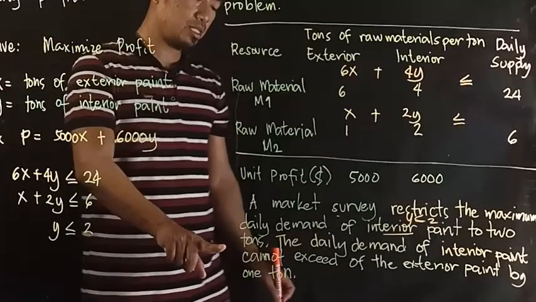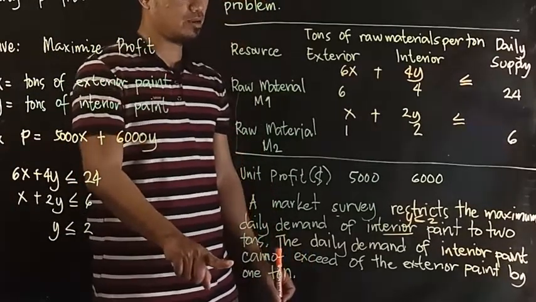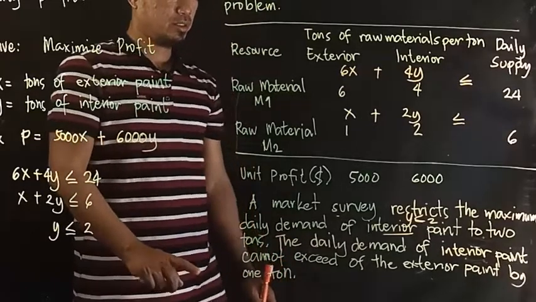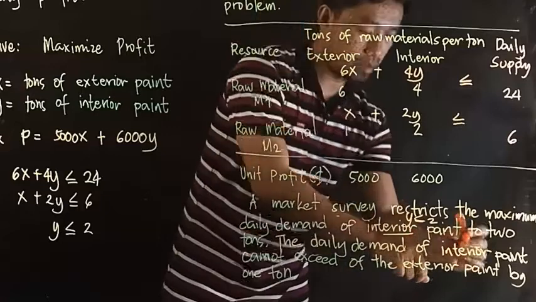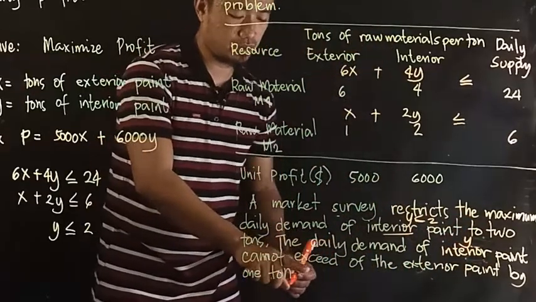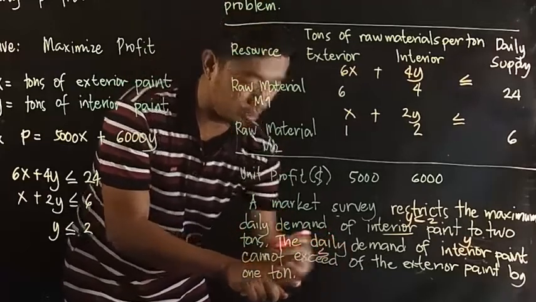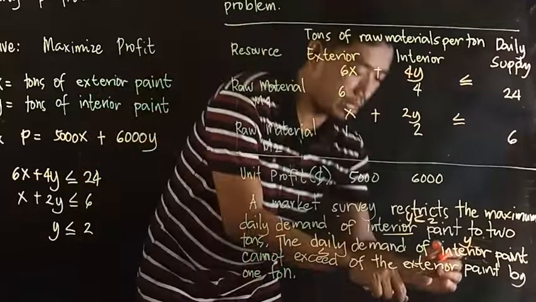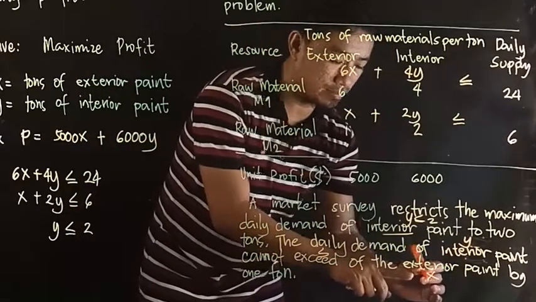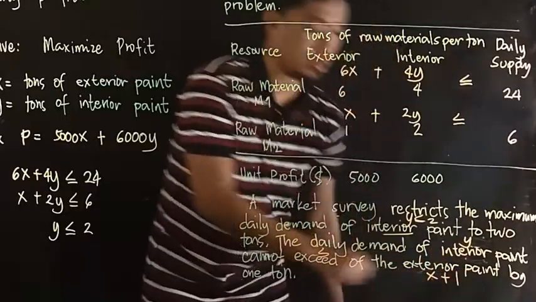And the last constraint is the daily demand of the interior paint cannot exceed that of the exterior paint by 1 ton. So again, interior paint is Y, cannot exceed, so a maximum value that's equivalent to a less than or equal, and the exterior paint is X, cannot exceed the exterior paint X by 1 ton.